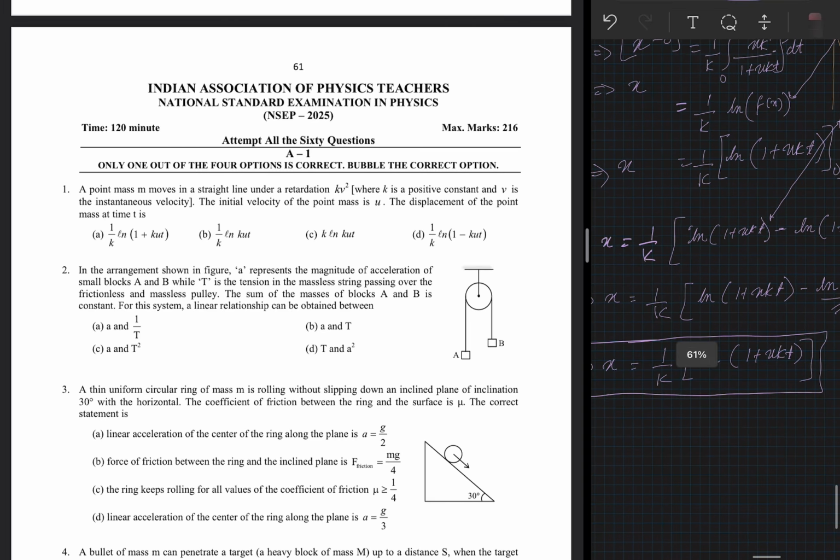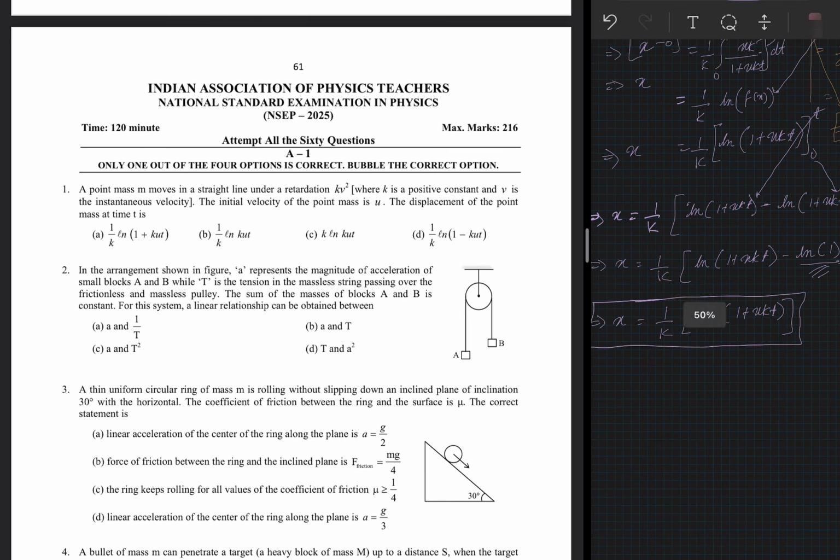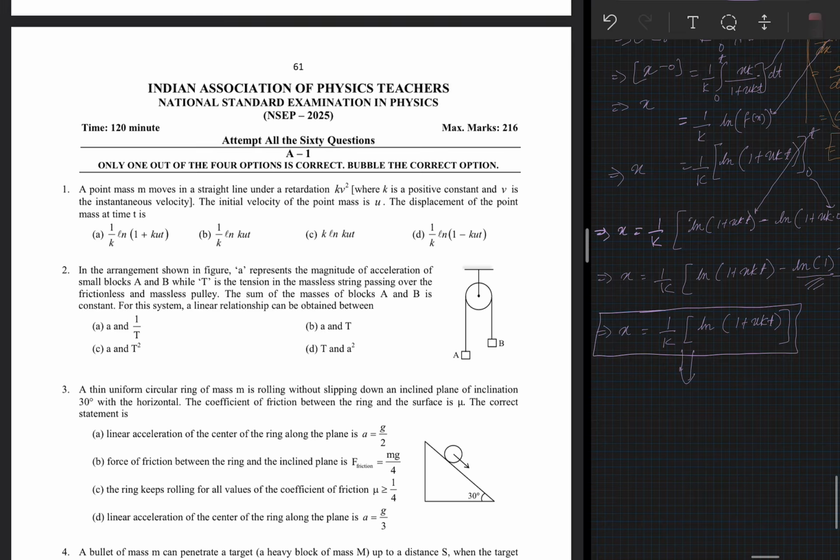So that's our answer, option A. We can rewrite this as x equals 1 by k times natural log of 1 plus kut, because the order of multiplication doesn't matter. So that's our final answer, option A.